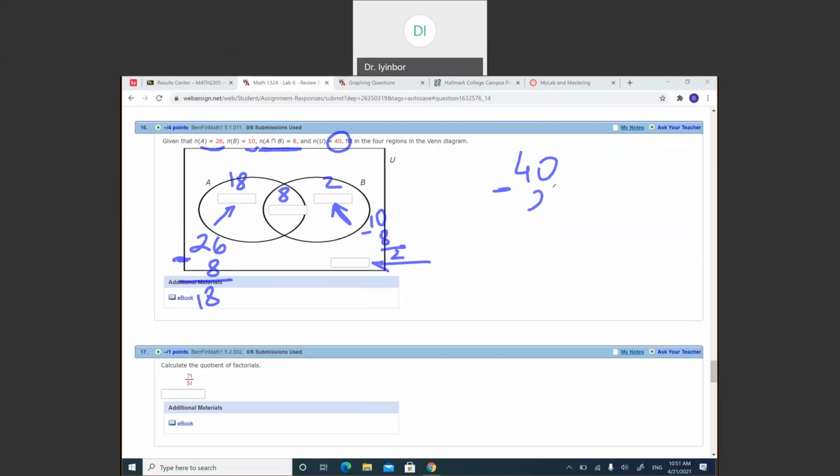So I'm going to subtract 28 from 40. And that's 12. Because when you add all the four numbers inside, you should get the number of U, which is 40. So we have 18 here, 8. And you always start from the middle. Okay, and let's check it out.